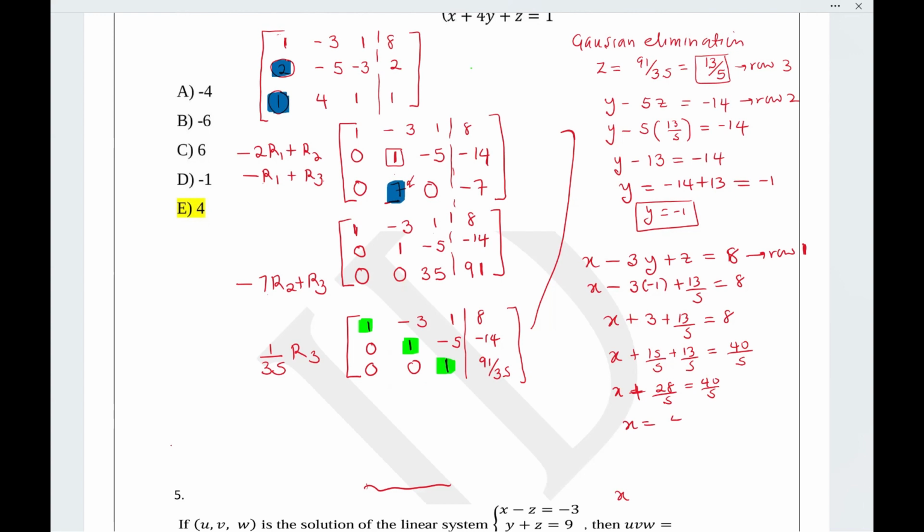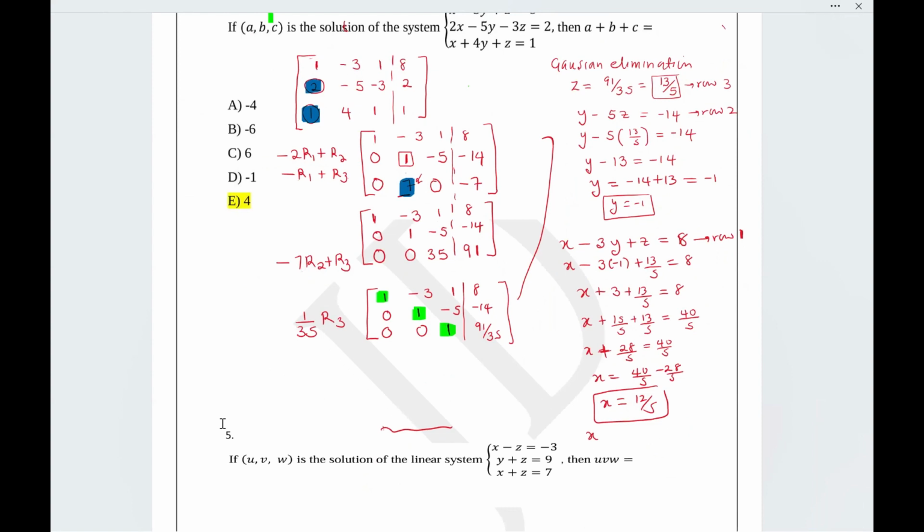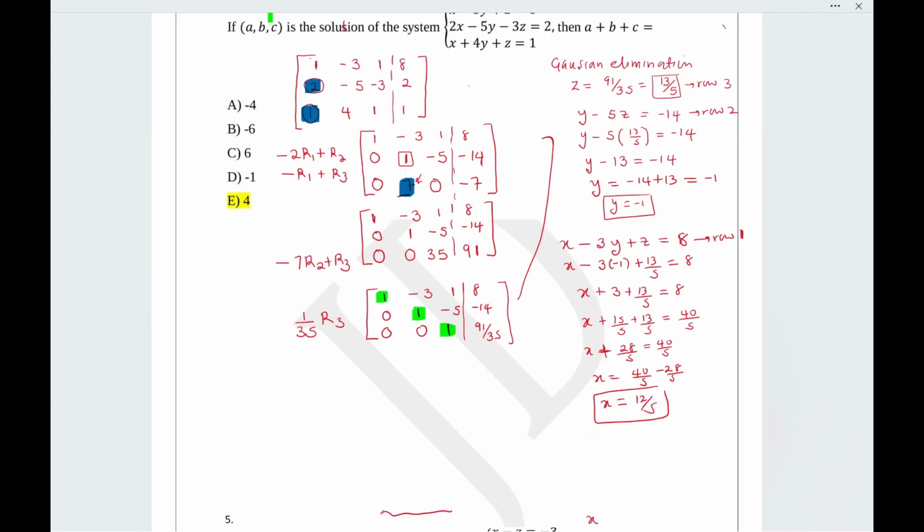So x is going to be 14 over 5 minus 28 over 5, which is 12 over 5. So we have our x, we have our y, and we have our z. And you can see that this has a unique solution. So the solution set x, y, z is simply 12 over 5, y is minus 1, and z is 13 over 5.